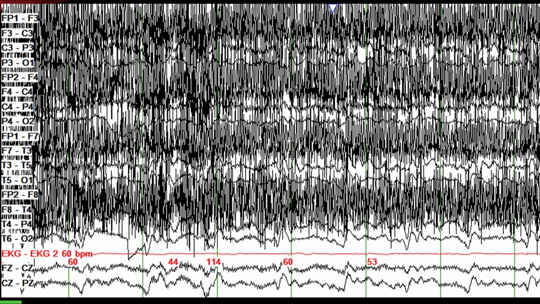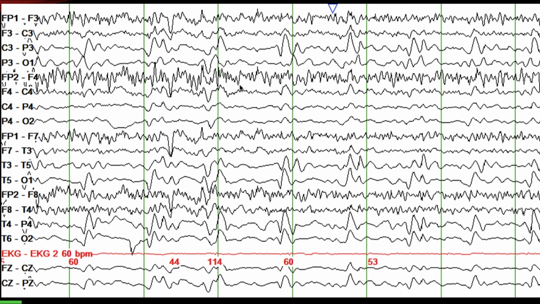I normally use a low frequency filter of 3 Hz and a high frequency filter of 15 Hz to get rid of this muscle and movement artifact. When I apply that filter to this particular EEG, this is what I find, and you are able to identify the periodic discharges that are there.